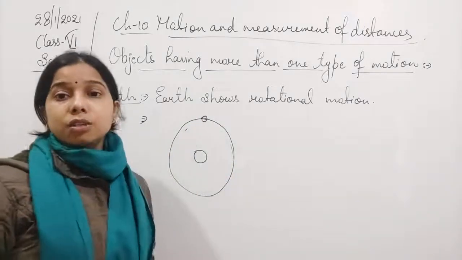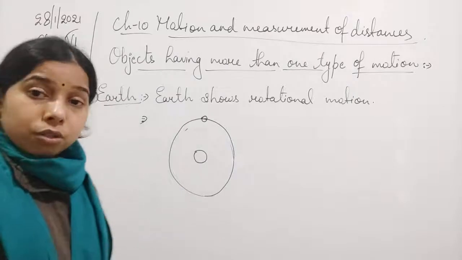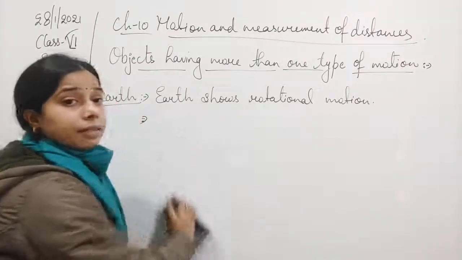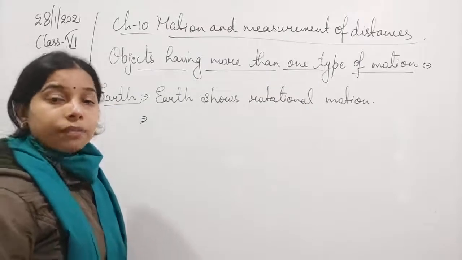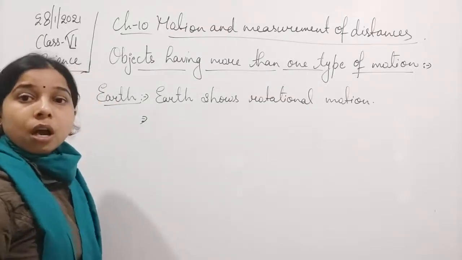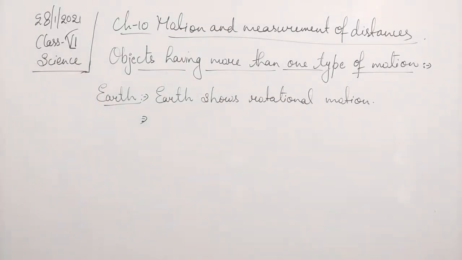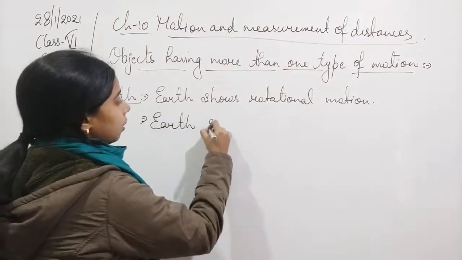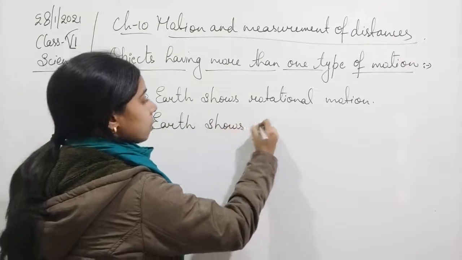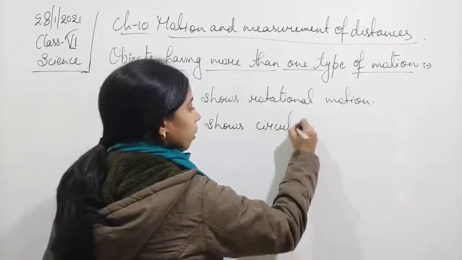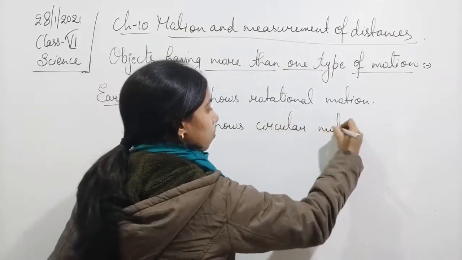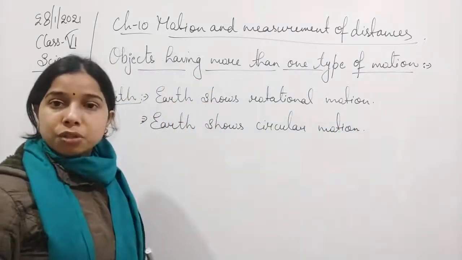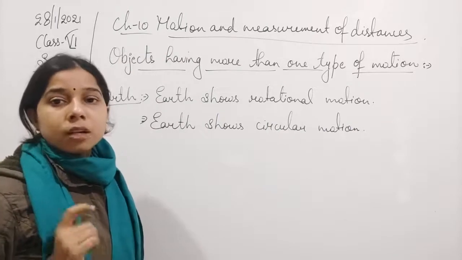Since it is moving along this circle, it shows another kind of motion, called circular motion. So along with rotational motion, Earth shows circular motion also.